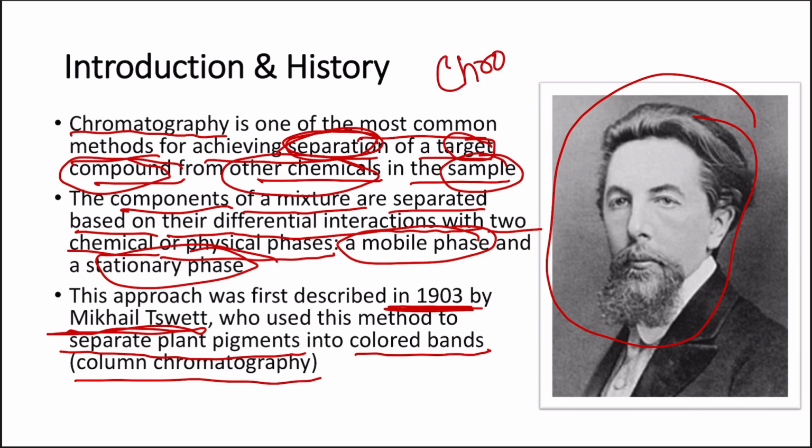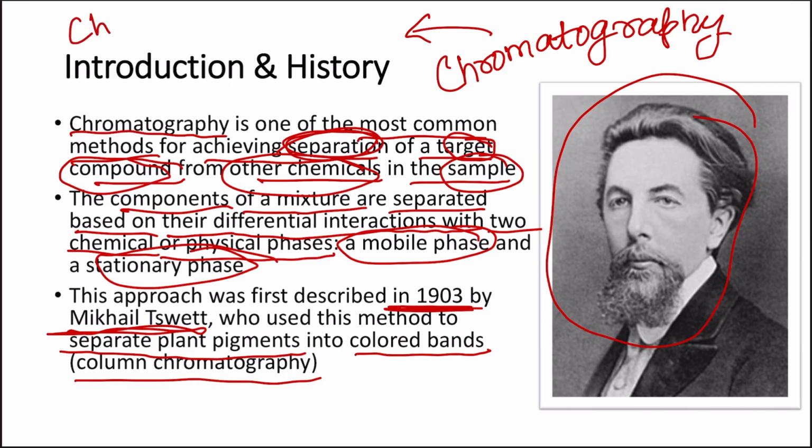And why do we call this method chromatography? This is because it is derived from the combination of two Greek words, chroma and graphein. Chroma means color and graphein means to write, and that is how the name chromatography was given to this separation method.